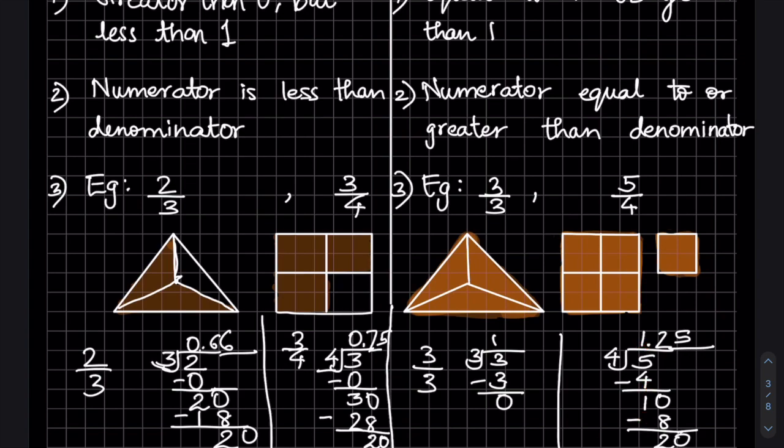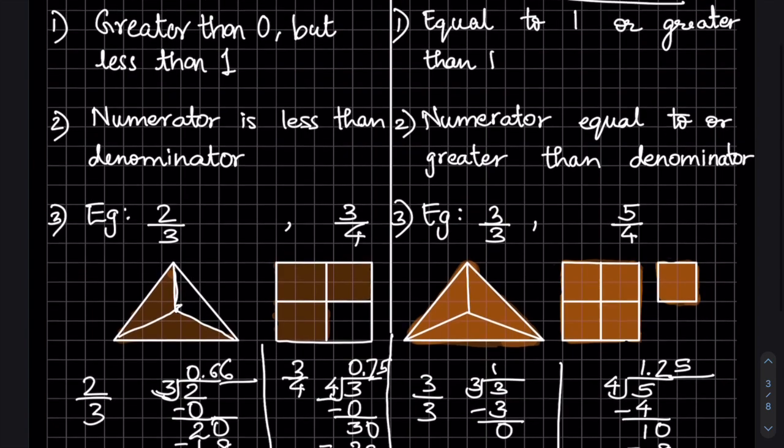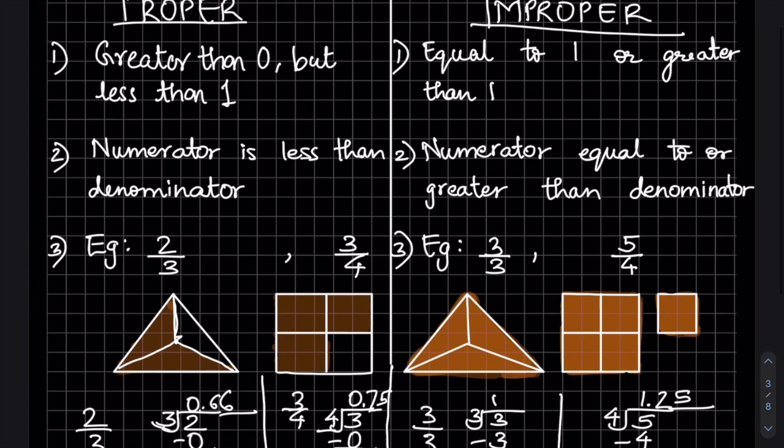After putting a decimal point, I write 0. 4 twos are 8, 10 minus 8 is 2, and then again we put another 0 because the decimal point is already put, and 4 fives are 20. This again shows that improper fractions are those which have a value greater than 1.